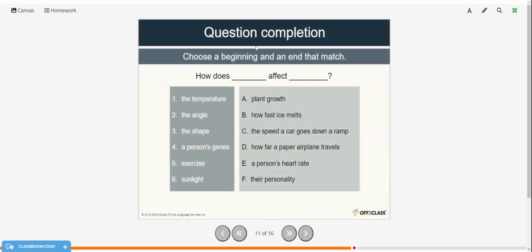All right, so now we're going to choose a beginning and an end that match. So how does the temperature affect how fast ice melts? How does the angle affect the speed a car goes down a ramp?